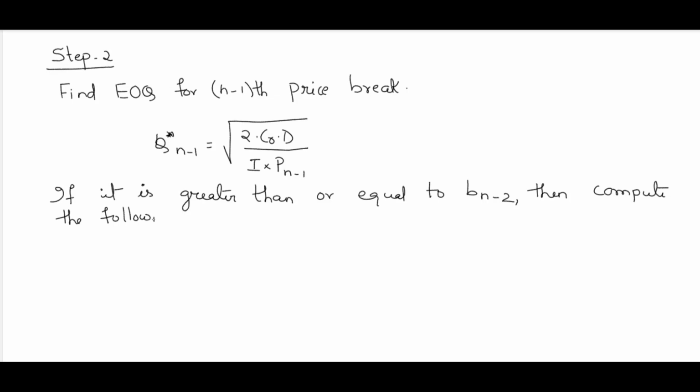That means compute the total cost and select the least cost purchase quantity as the optimal order size.